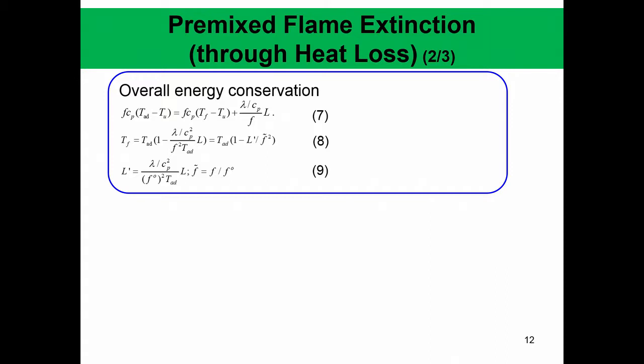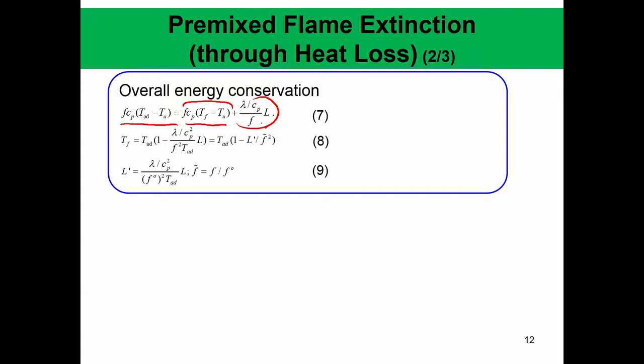Suppose there was no heat loss, if L was equal to 0, then the system would have been adiabatic and the flame temperature would have reached the adiabatic flame temperature. So we can say that F Cp (T_ad minus Tu) is essentially F Cp (Tf minus Tu) plus this heat loss rate. This is the current temperature that has been reached, and this is the loss. So by energy conservation, if we add these two, we would have reached the adiabatic flame temperature.